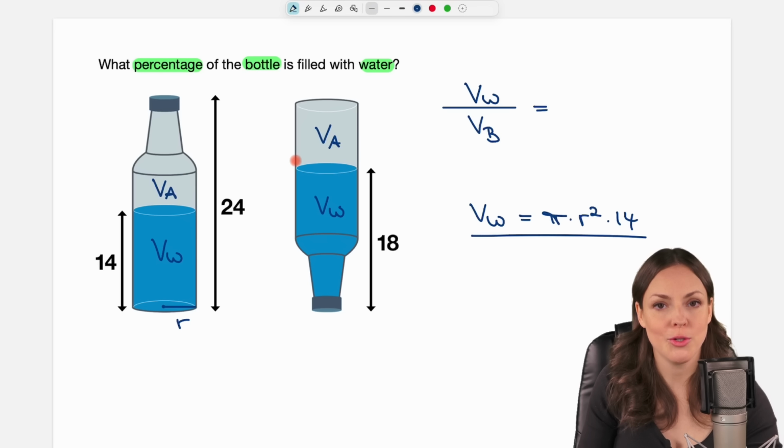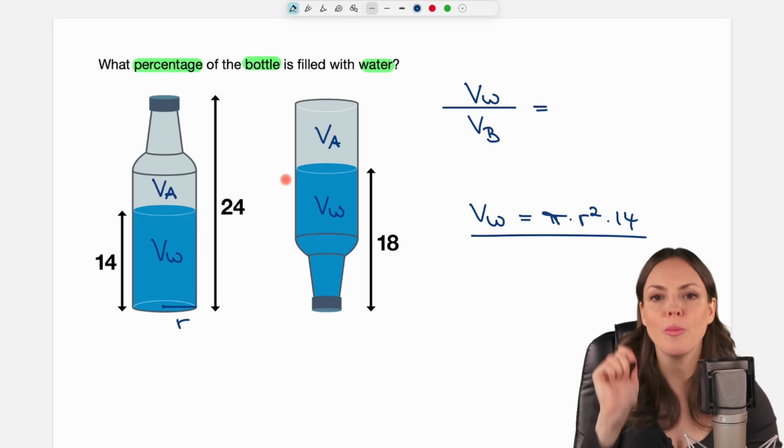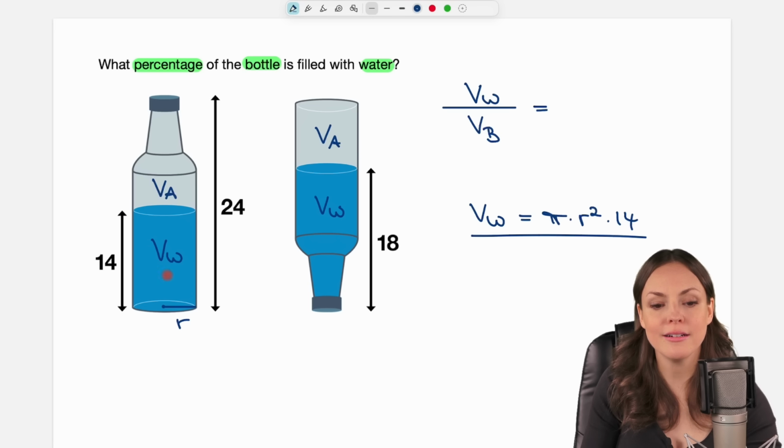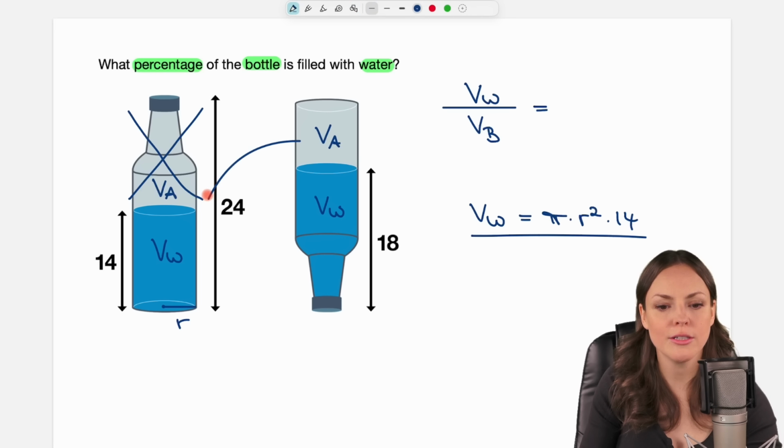So I'm going to create a new bottle using this part down here, this water cylinder, but instead of this weird air shape, I'm going to use this air cylinder. I'm going to take it and put it on top of my water cylinder.